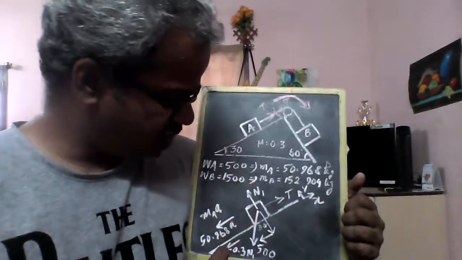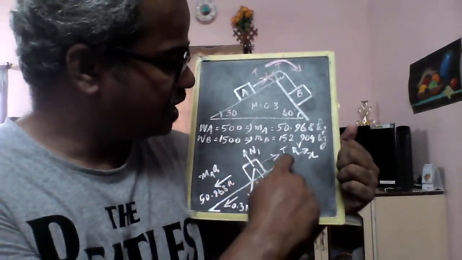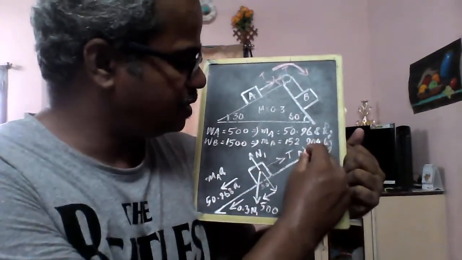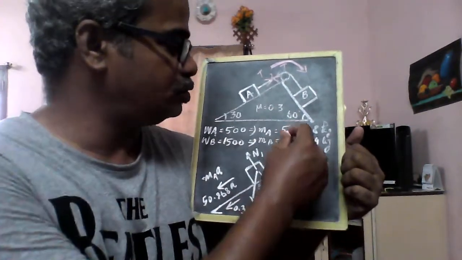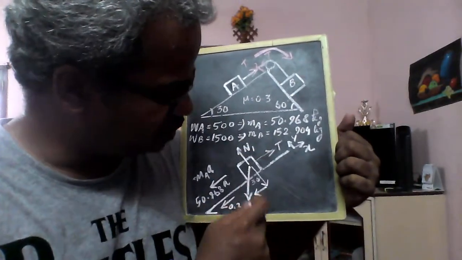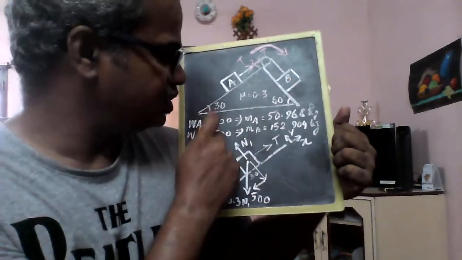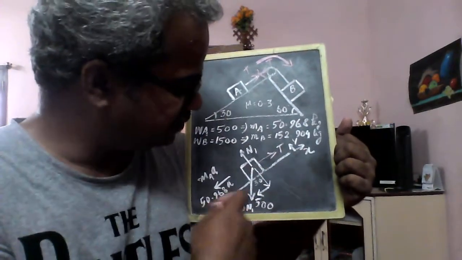Now I have considered body A. In body A I have drawn the slope as the x-axis, and perpendicular to that is the y-axis. The weight of body A is 500 Newton acting downwards, and the normal reaction is perpendicular to the contact surface.